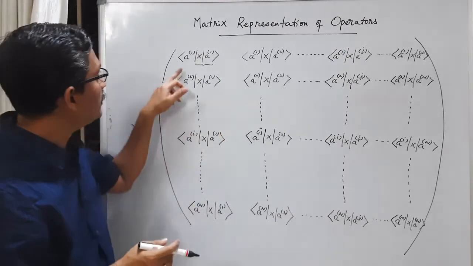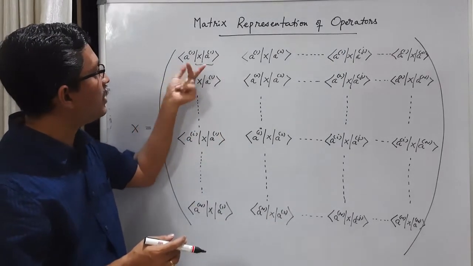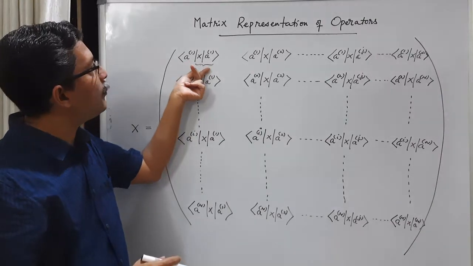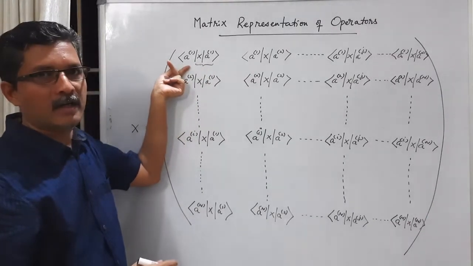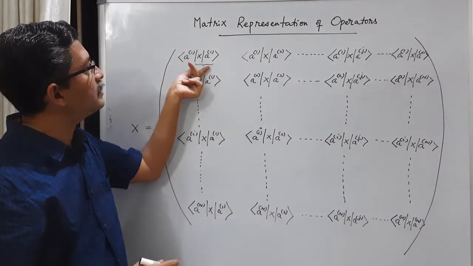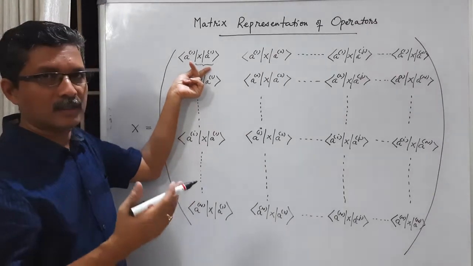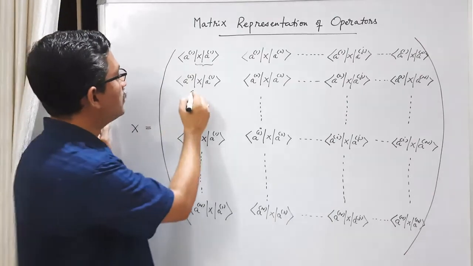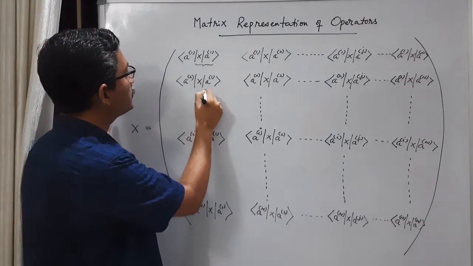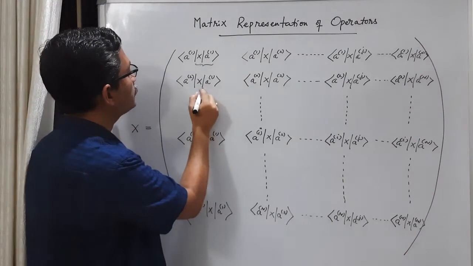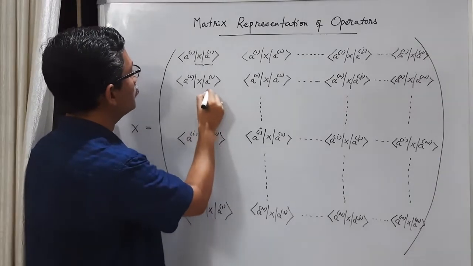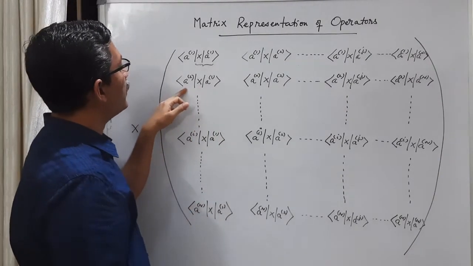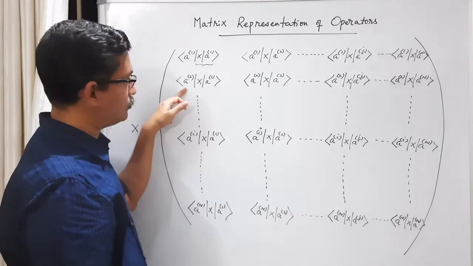So when you take the inner product between a base vector and another vector, whatever it is, what you get is the component of this vector along the direction a1. So what you get here is the component of x a1, that is the modified base vector, along the direction a1. What is the next one? Again you have this modified base vector x a1, and you get the component of x a1 along the direction a2.